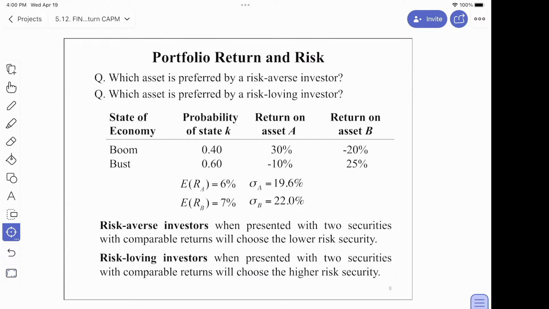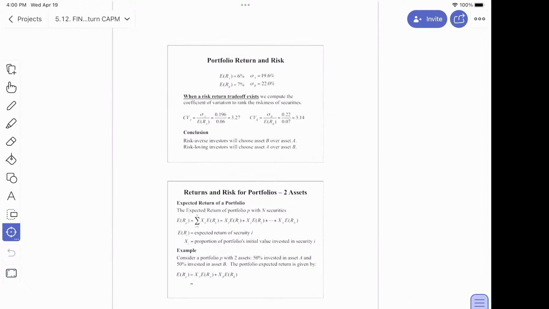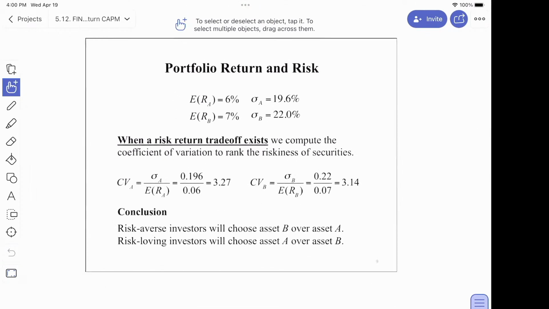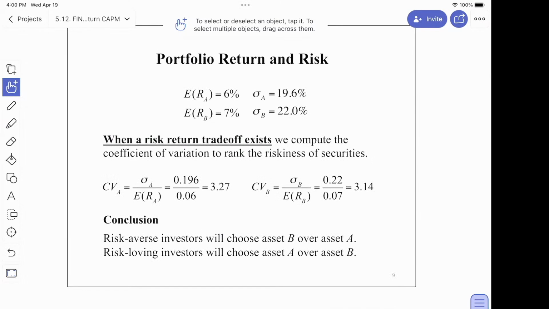So what is comparable returns? Well, this one is 6% and that one's 7%. Some people might think that's comparable, but there still is a difference, so 1% there. So let's see if we can clear up the fact that these are not exactly the same. How can I take things into account? The way I do that is with a measure of the coefficient of variation.